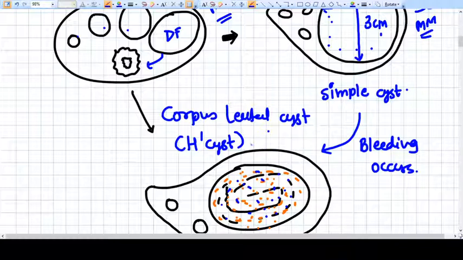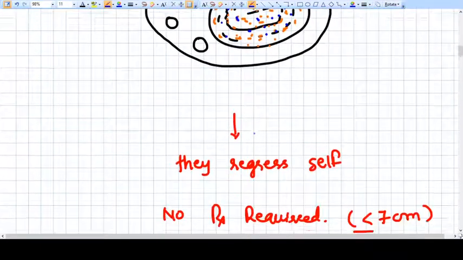Sometimes corpus luteum, once it is formed, also gets a high amount of bleeding inside, and this corpus luteum can also become a hemorrhagic cyst. So when we hear that there is a hemorrhagic cyst, that means it has ruptured first of all, and there is blood inside the cyst. It can be because of the simple cyst rupture, or because of the corpus luteum enlargement. These three things are very common in day-to-day clinical practice.